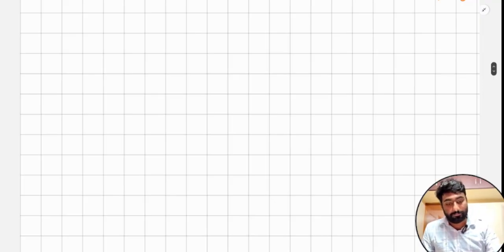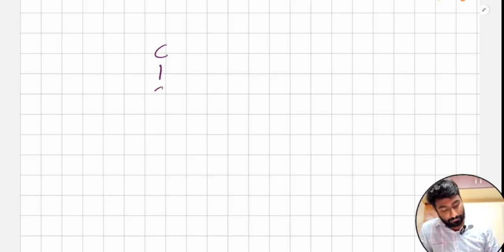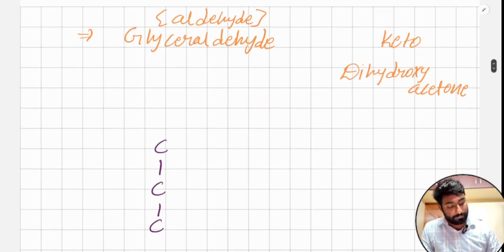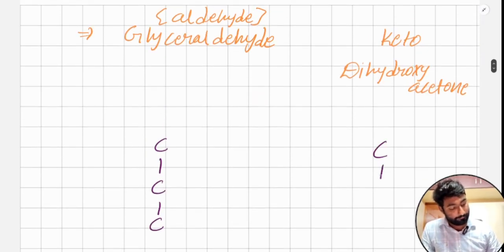If we draw it, it will have 3 carbons in it. It also has 3 carbons in it.